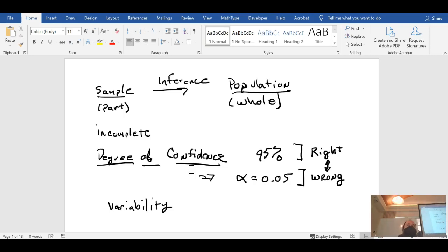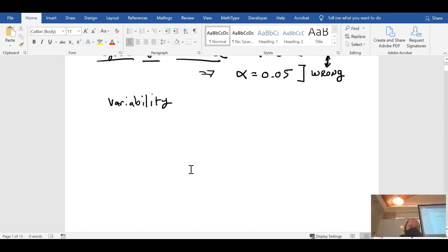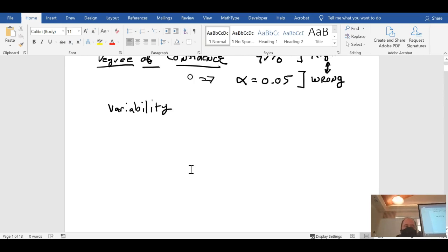Now, that's a risk I take. That's part of statistics. You don't ever get an absolute answer. You can get it to a high degree of confidence. If I'm 95% sure that the true mean is in that interval, I'm feeling pretty good about it. But I'm still not 100% sure. And the only way I can be 100% sure is just to keep making the interval bigger and bigger and bigger.